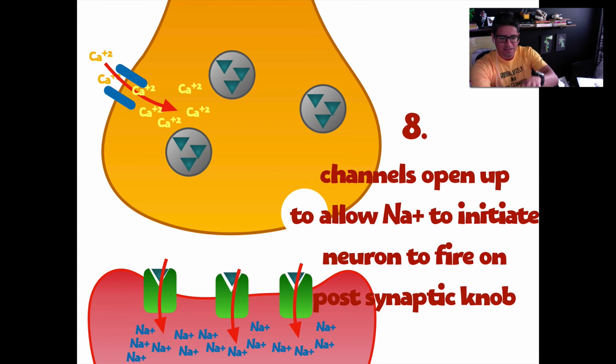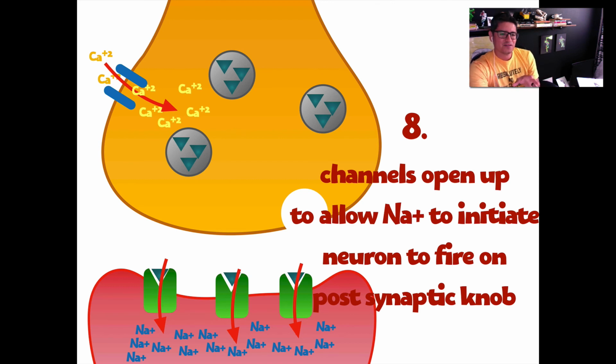That flooding causes a voltage difference, and if it's enough, it will propagate the signal down the rest of the neuron. That's essentially the process that your neurons go through, and we call it synaptic transmission, where we're transmitting a signal.